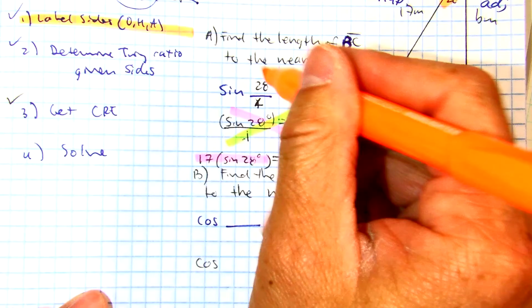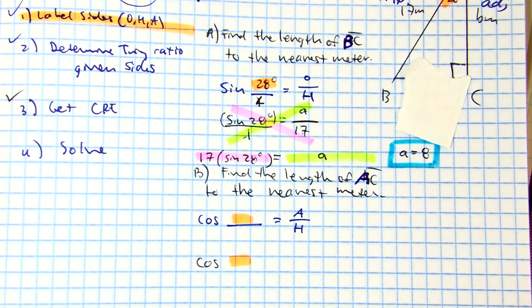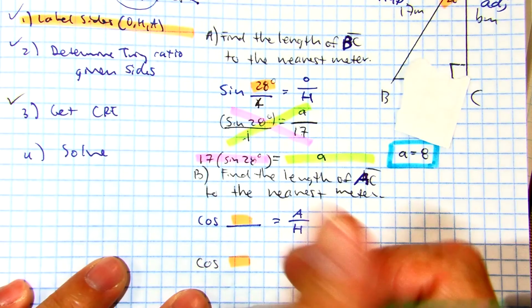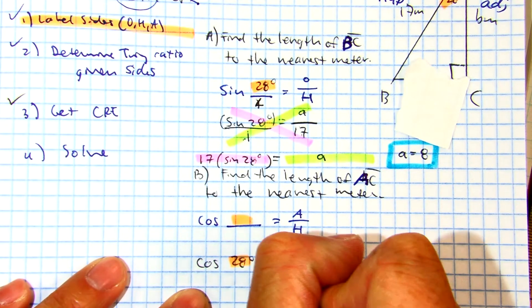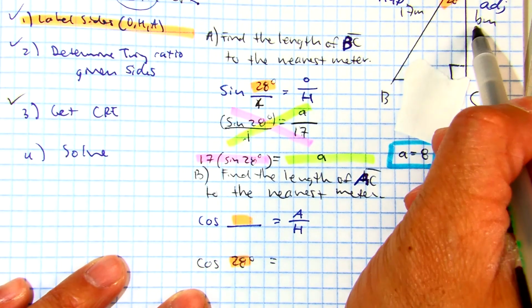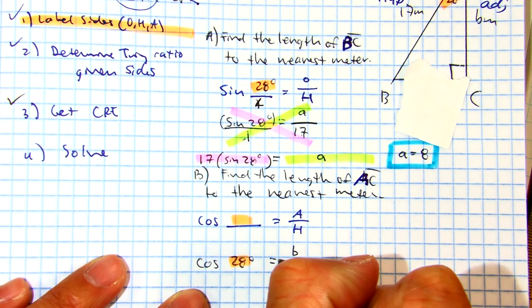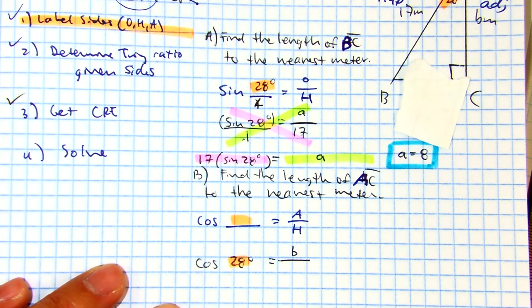So you're always having an angle. So 28 degrees. Class, what is our adjacent? Yeah, don't get confused. That's a variable B measured in meters. So you just put the variable B in your hypotenuse. 17.